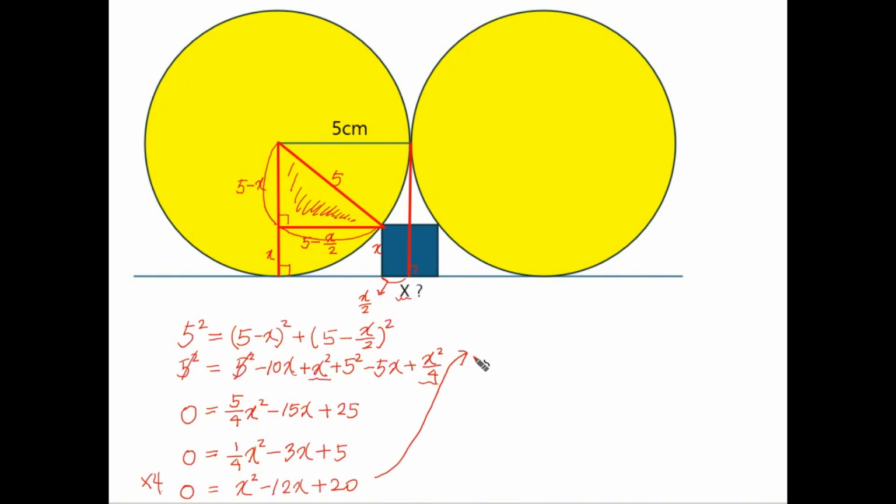We can factorize this: (x minus 2)(x minus 10) equals 0. So x equals 2 or 10.